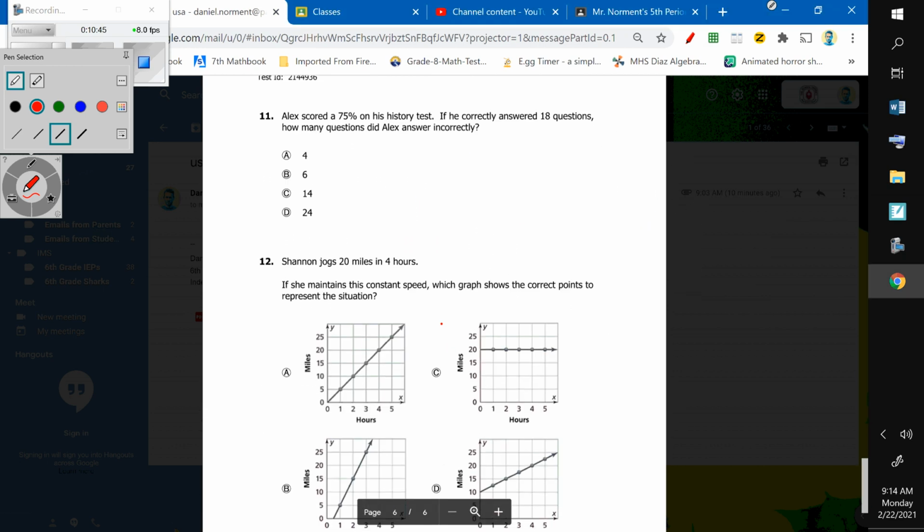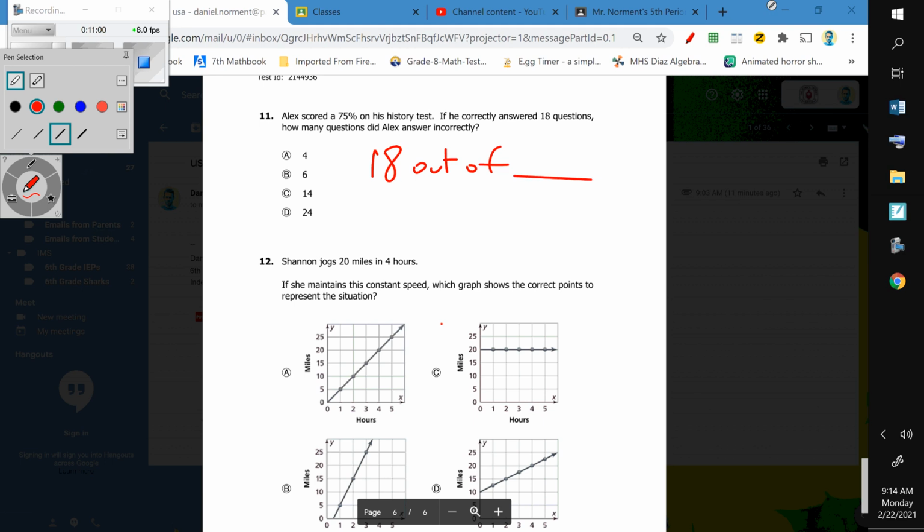For number 11, if he correctly answered, now this is another one. He scored a 75%. If he answered 18 questions correctly, that's 18 out of what is going to equal 75%. Now, this is why FSA is so tricky.